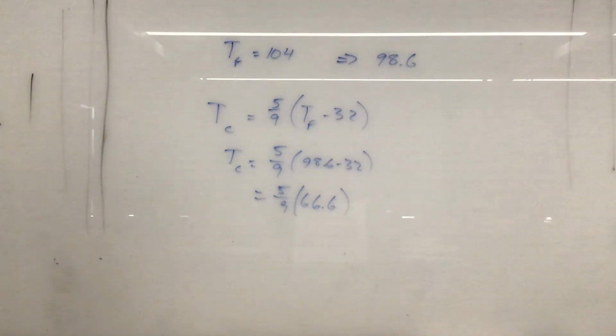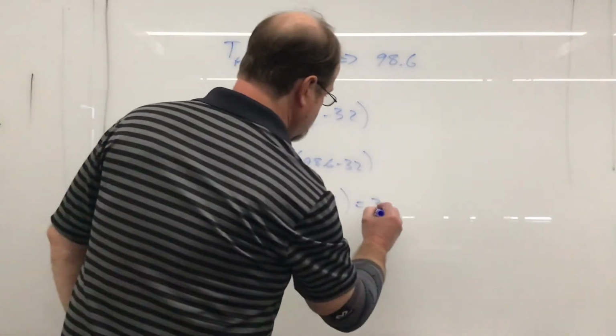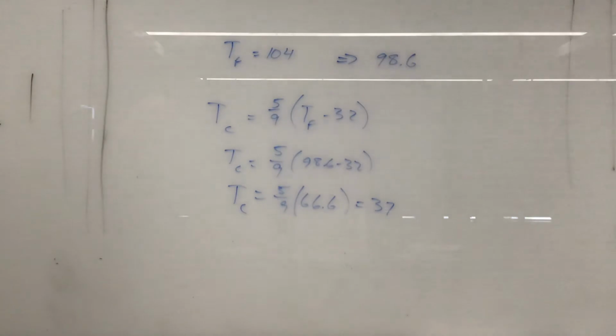But let's see what that gives us. And I get 37. So 37 then should be the normal temperature for somebody when you're measuring in Celsius.